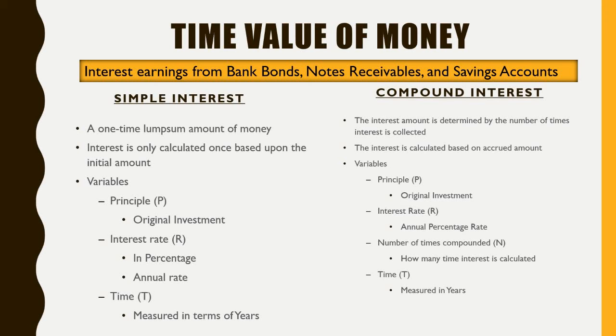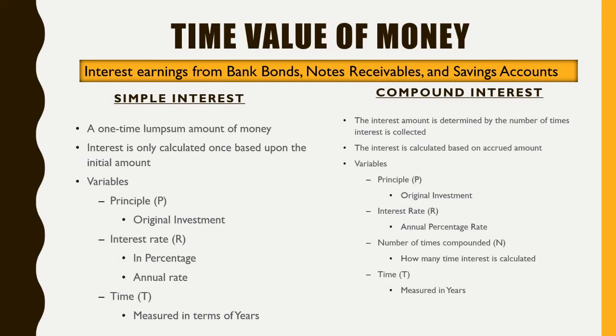Whether it's a savings account or just seeing what the dollar becomes in 20 years, we determine it by two different factors: simple interest and compound interest.